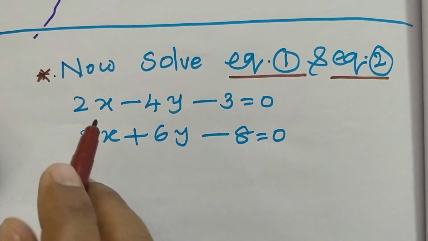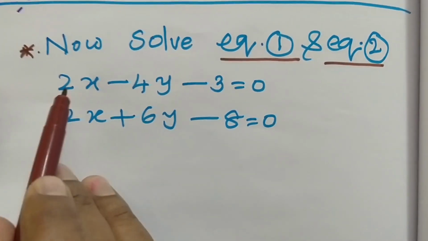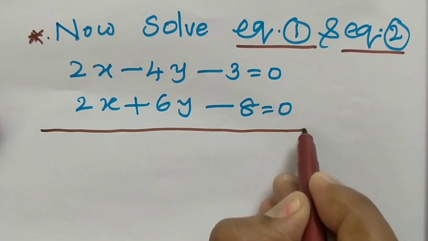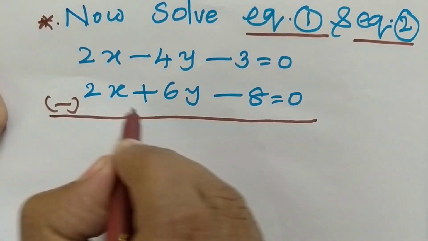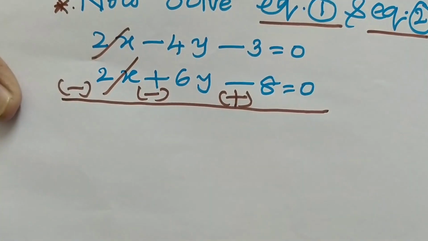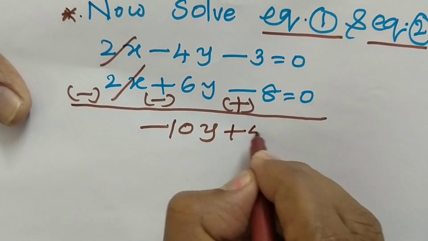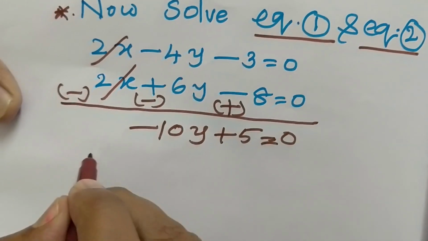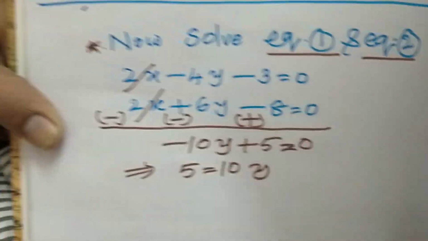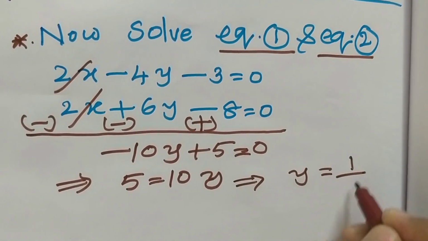Now solve equations 1 and 2 to get the values of x and y. Here 2x and 2x both have the same sign, therefore I have to subtract. The signs are changed, +2x - 2x get cancelled. This is -10y. This one is +5 is equal to 0. This implies 5 is equal to 10y. This implies y is equal to 5 by 10, which means 1 by 2.